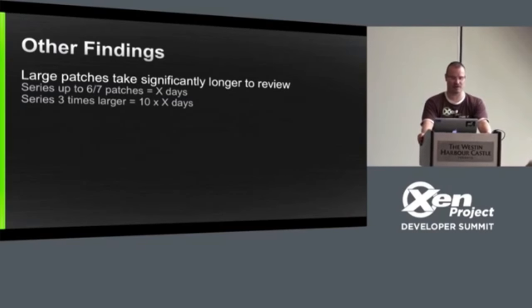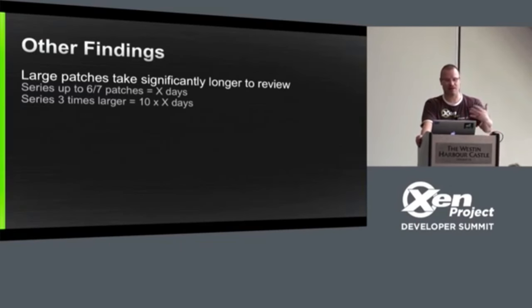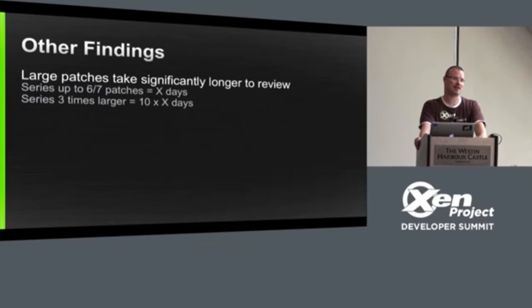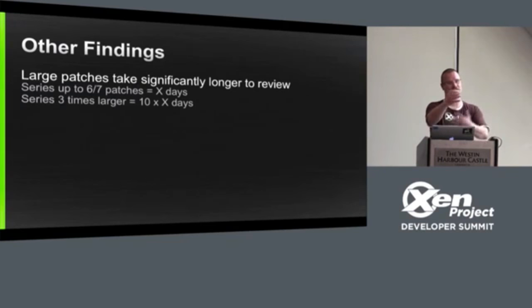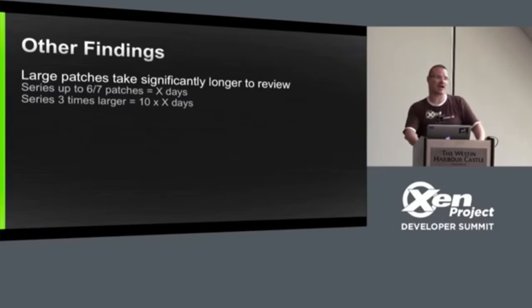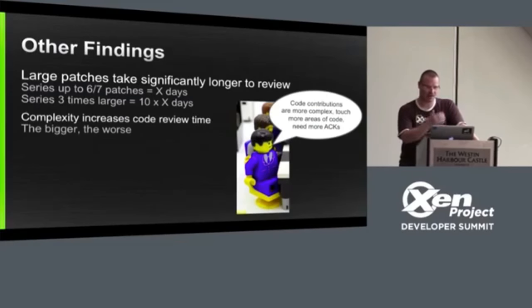It was quite surprising, right? If you have a series of 21 patches, it takes 10 times longer than a series of 7 patches to get into the code base. That's just a function of complexity. So maybe we need to think about breaking things into smaller, more logical units which are related to each other. Maybe that helps. That's something you ought to think about.